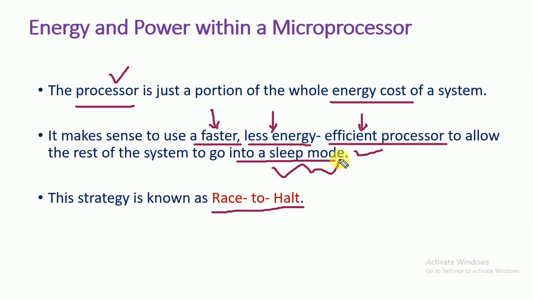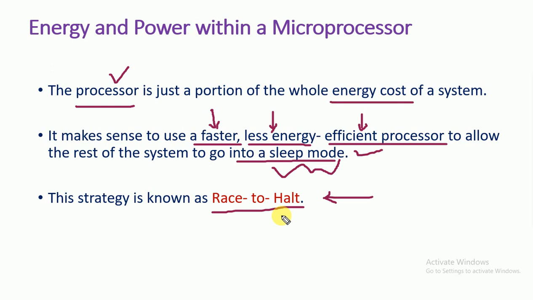All other parts of the system are set idle so that we can give importance to the processor whenever required. If we follow that strategy, it will be a better choice when creating a new processor, and this strategy, usually called race to halt, is one of the major strategies used in many of the processors in newly created computer systems.